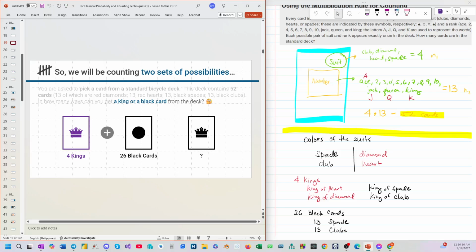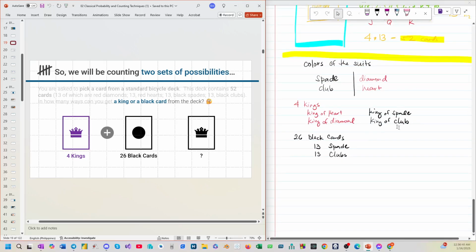If we just add them together, four kings plus 26 black cards, it doesn't make sense.